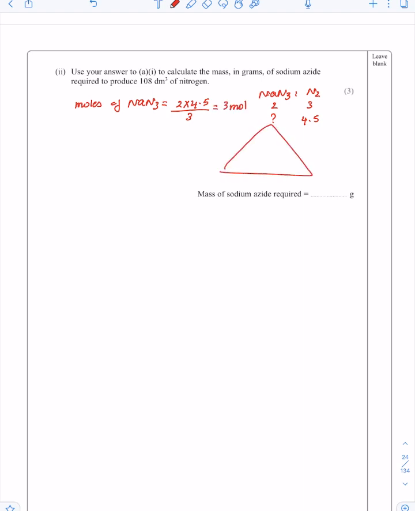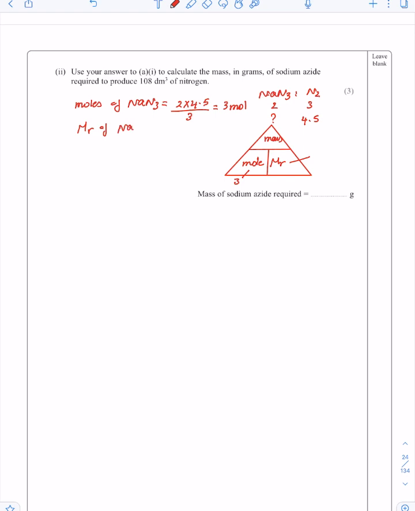دلوقتي بقى معايا المولز of sodium azide. اقدر اروح على القانون اللي فيه المولز والماس والام ار. moles mass Mr. اطلع الماس by multiplying المولز اللي هي 3 times الام ار. يبقى انا محتاج احسب الام ار of sodium azide.